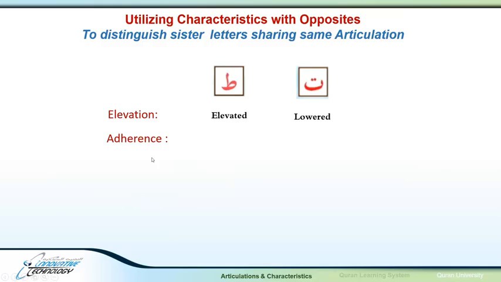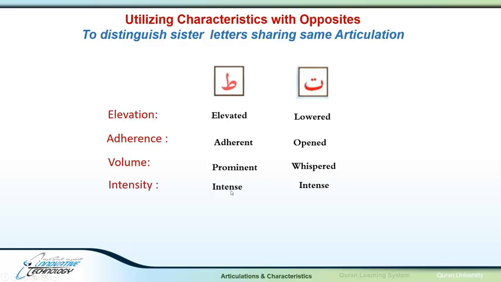The second comparison will be based on adherence, where the first is an adherent character and the second is an opened character. From the perspective of volume, the first is prominent, the second is whispered. And from the perspective of intensity, both are intense. And from the perspective of fluency, we find that both characters are labored.